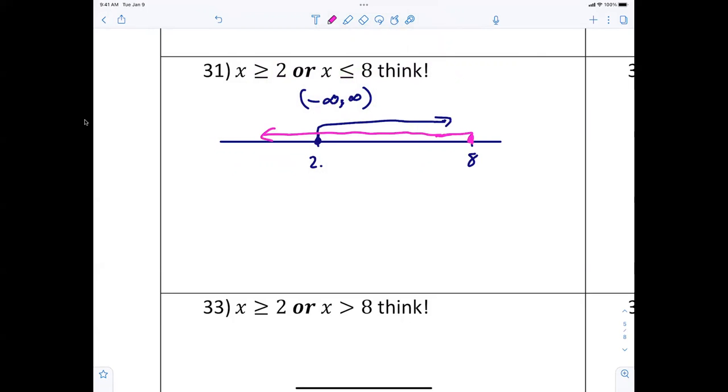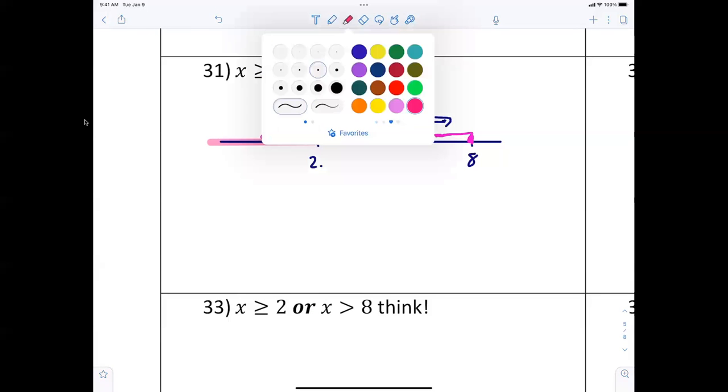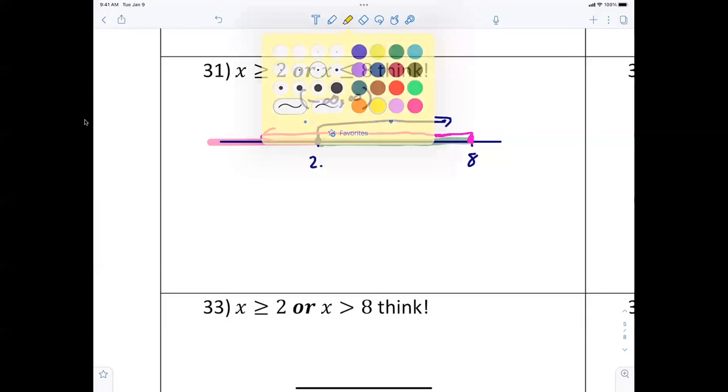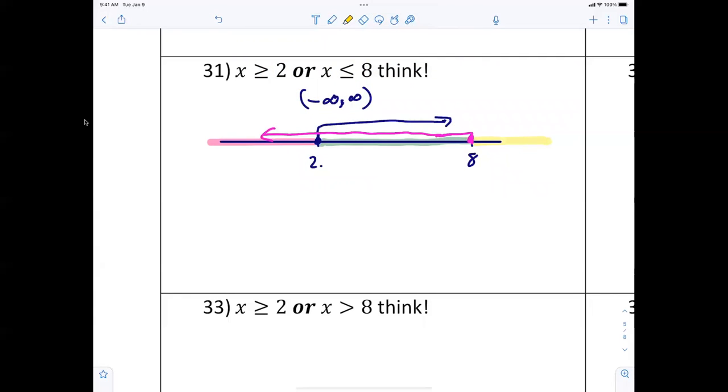Please look up here on the board. I've separated them into how many intervals? 3. I hope you can see I've tried to separate them into 3 intervals. Are any of these numbers in the pink area greater than 2?